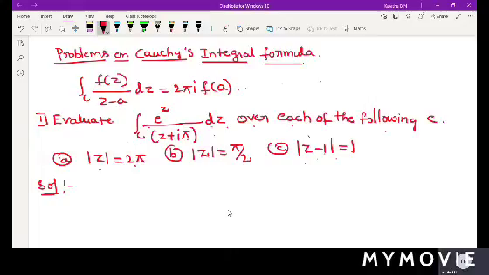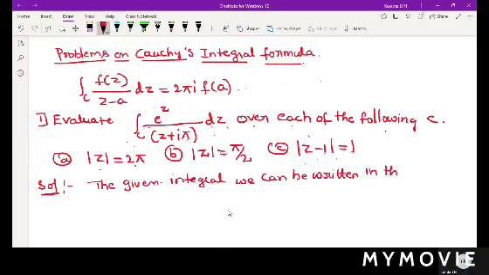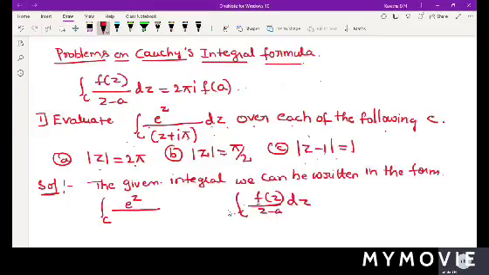First, the given integral can be written in the form of the integral over C of f of z divided by z minus a, dz.